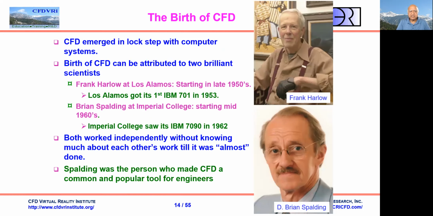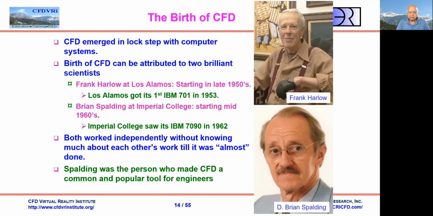The birth of CFD happened in lockstep with computer systems, and it can be attributed to two brilliant scientists. Frank Harlow at Los Alamos, who started in the late 1950s. The first computer at Los Alamos, an IBM 701, arrived in 1953.